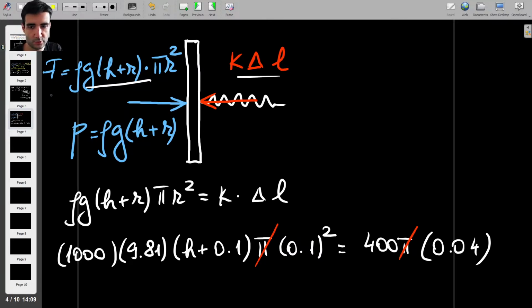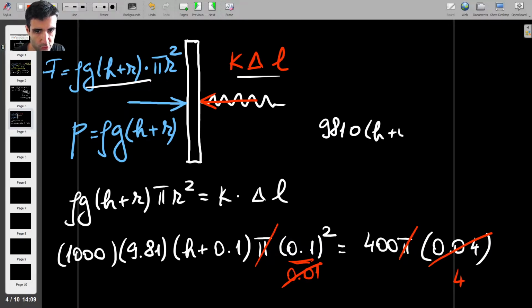Now, you might notice the pi's cancel out, which is good. So at this point, let's see what else we can do to simplify things. This here is 0.01, which cancels out with this, and we get just 4 on this side. So if we rewrite this, we get 9810 times (H plus 0.1) equals 1600.